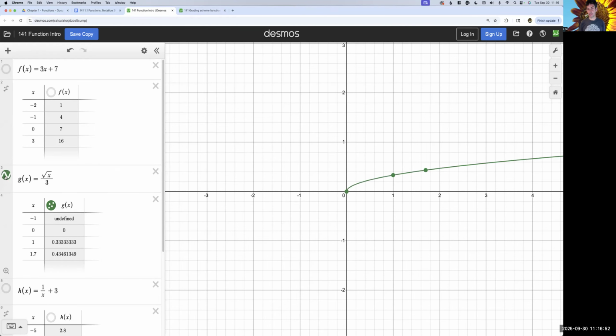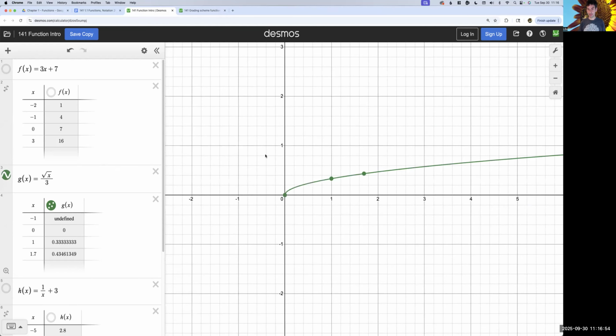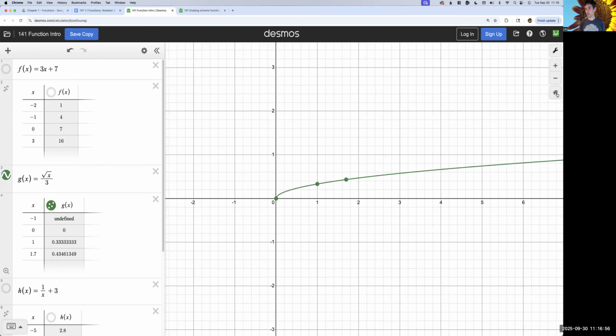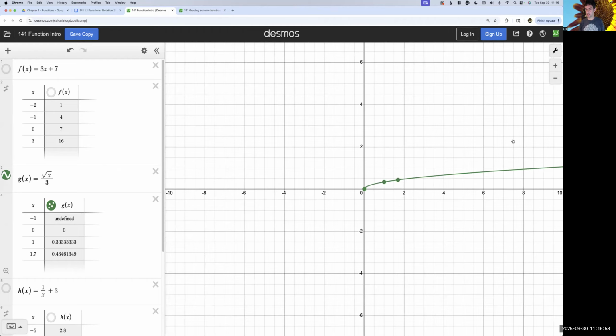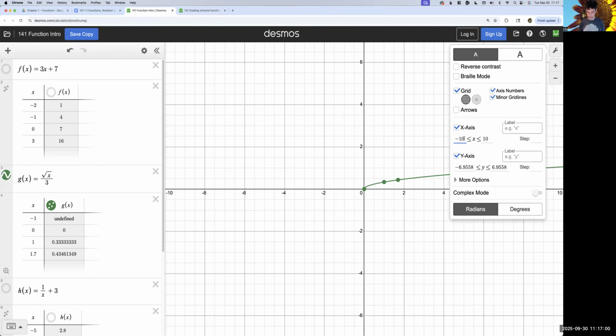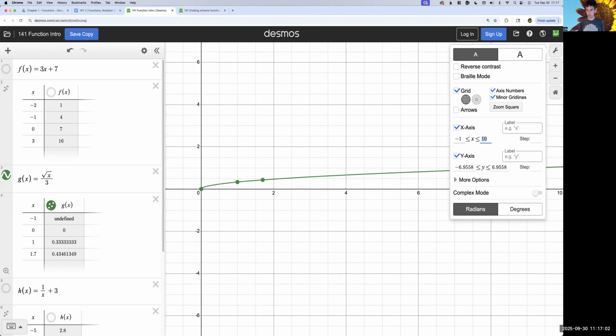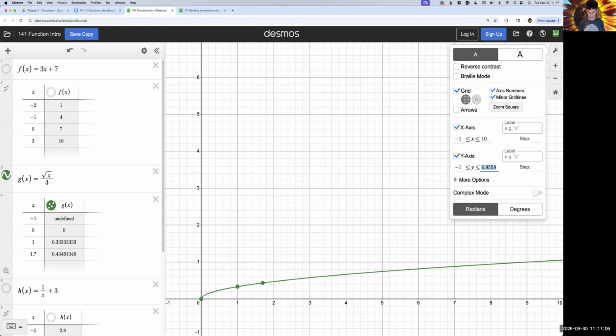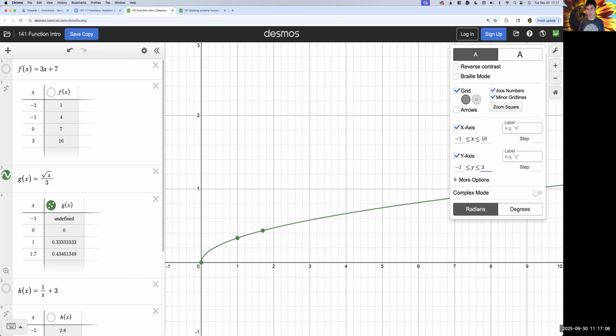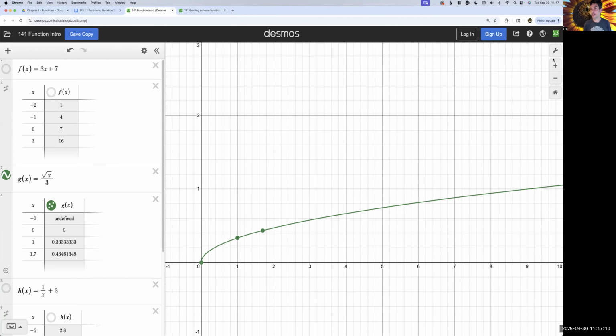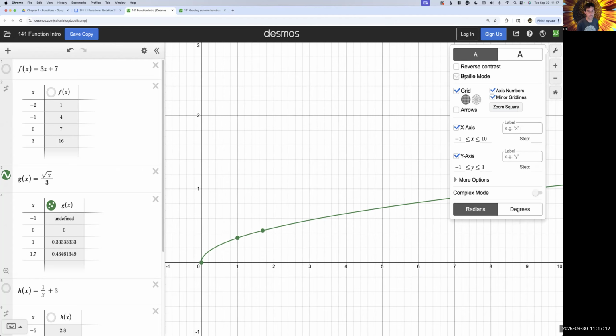And if we were to continue graphing them, we'd get this. Oops. Let's change our scale here. So there's our square root function, or a version of the square root function.